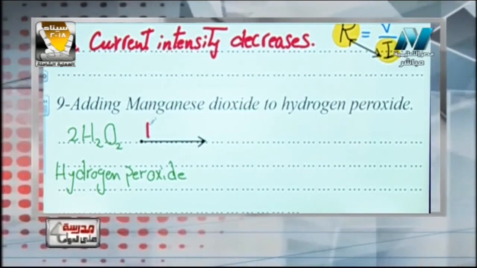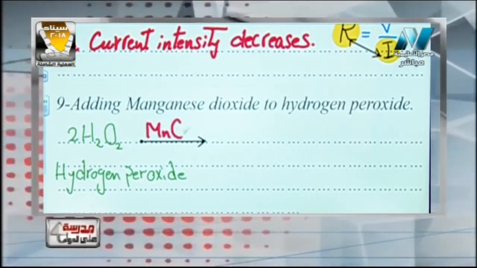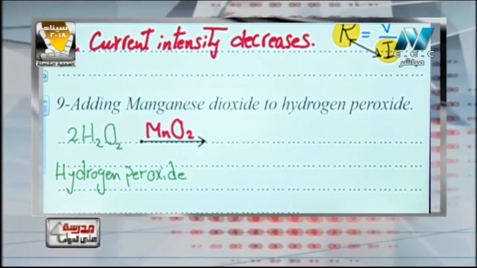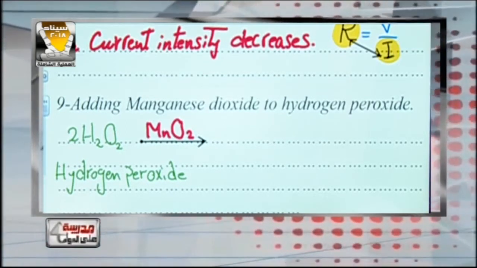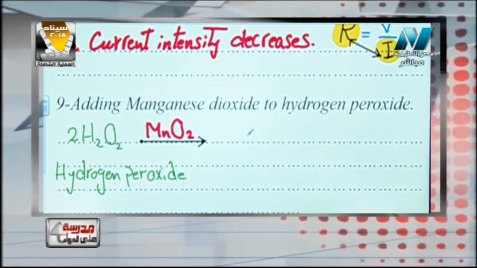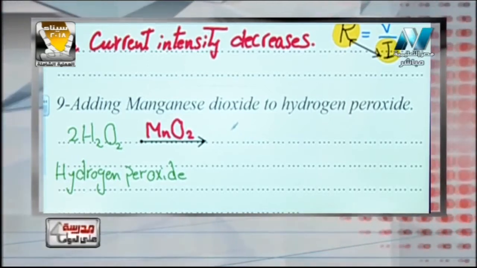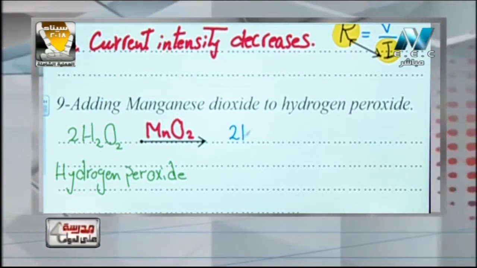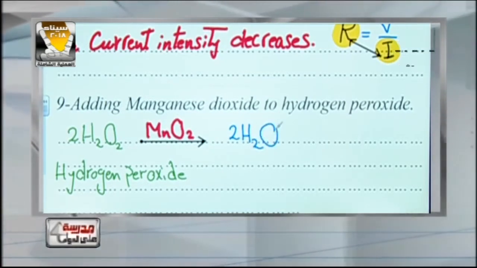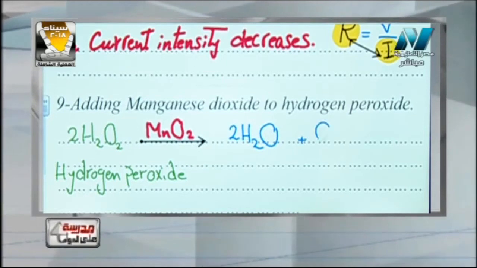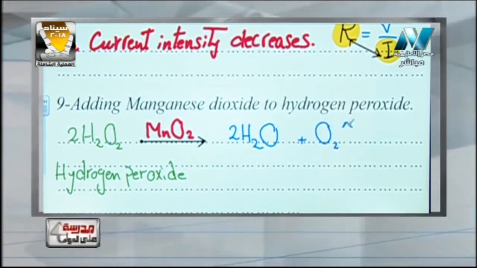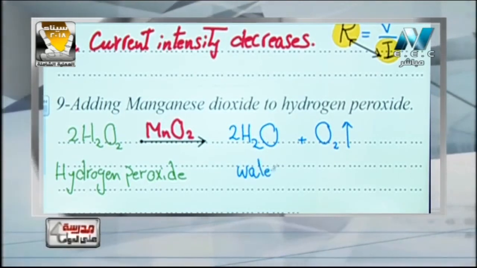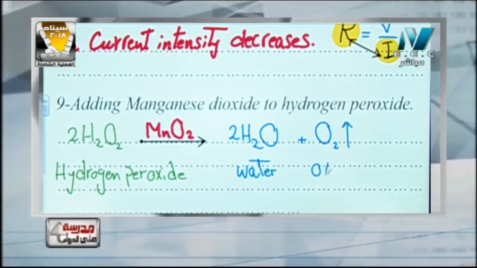So hydrogen peroxide will decompose by manganese dioxide as a catalyst into water, H2O, plus O2. Gas evolves. So here we have water and oxygen.